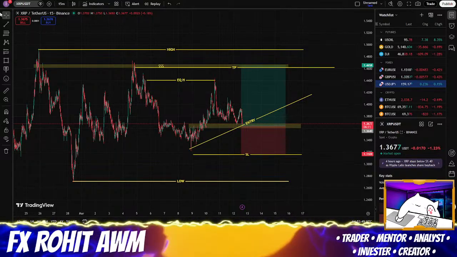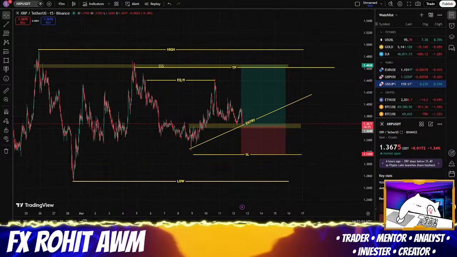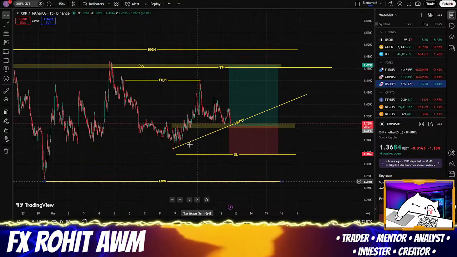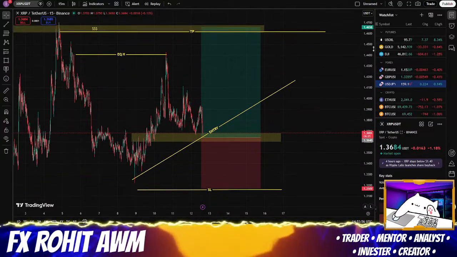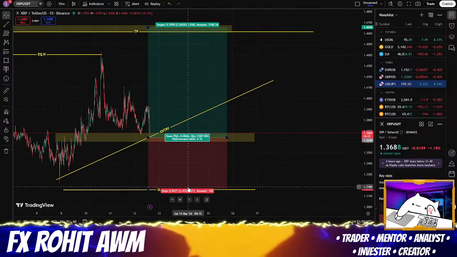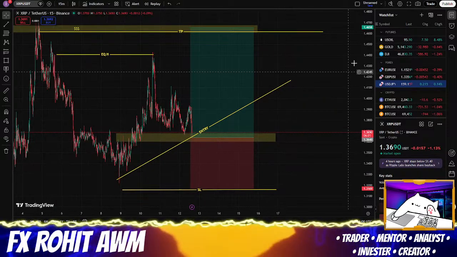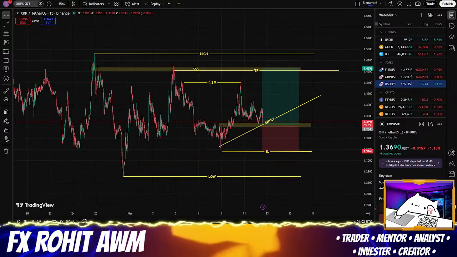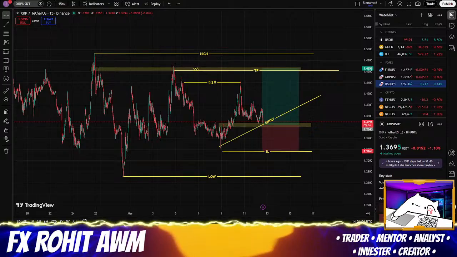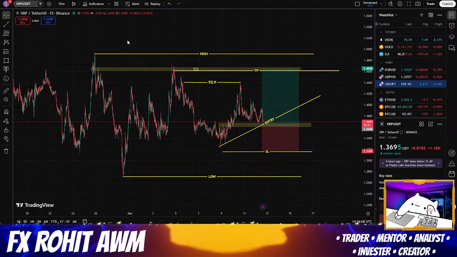So that's our main analysis in XRP. Okay. We also entered a trade. The market had a liquidity sweep. Okay.